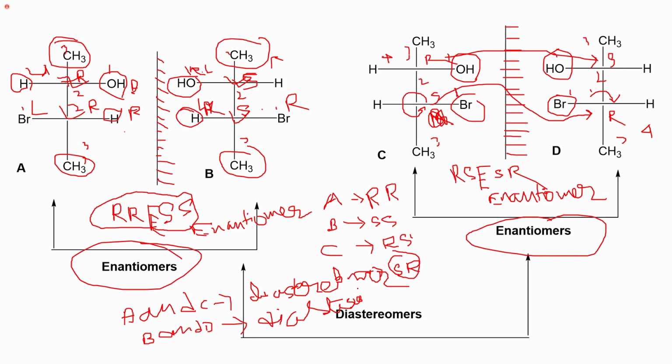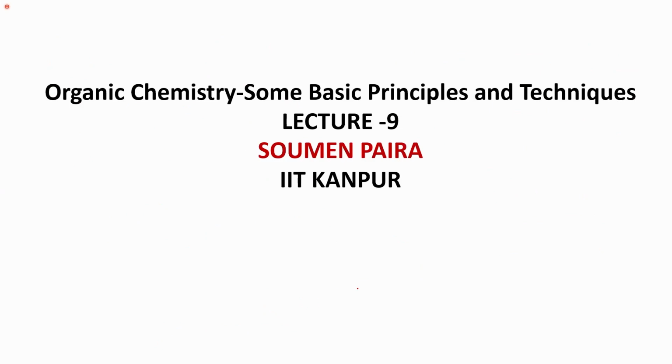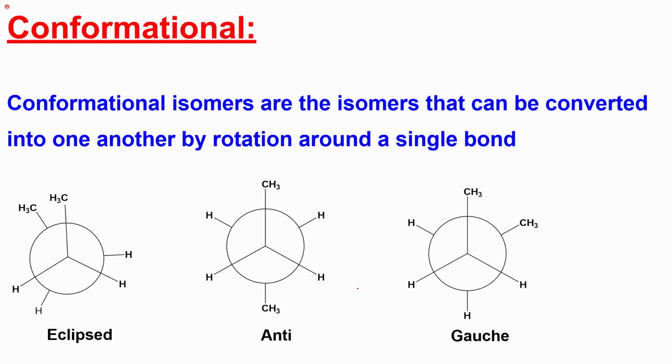Now, in today's class we'll discuss conformations. Conformational isomers are isomers that can be converted into one another by rotation around a single bond.